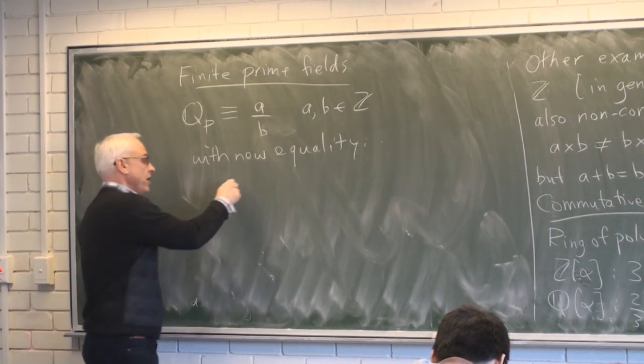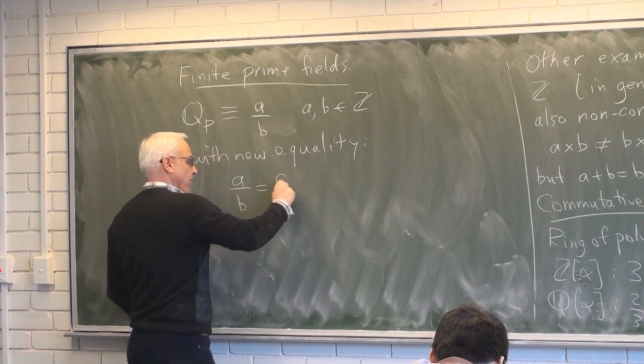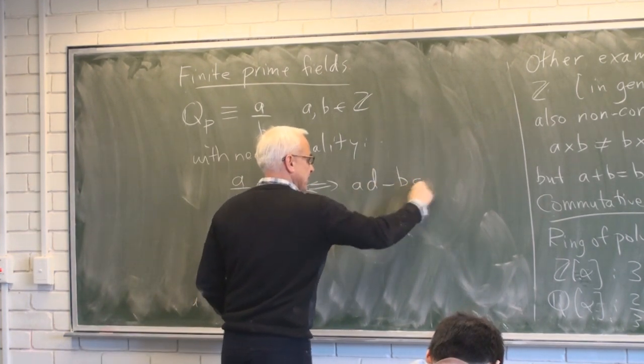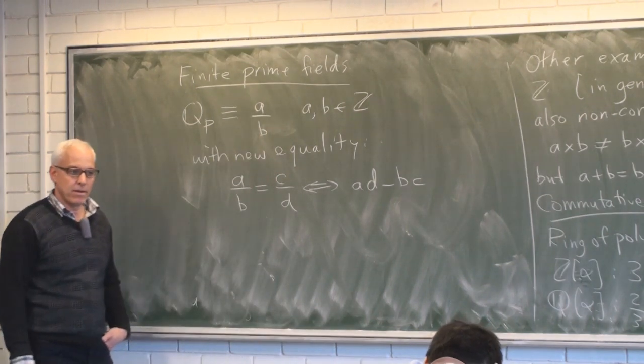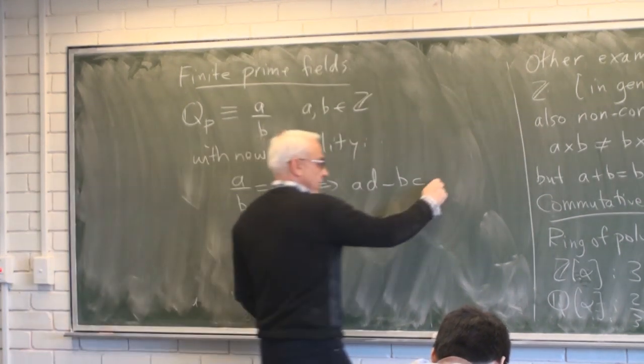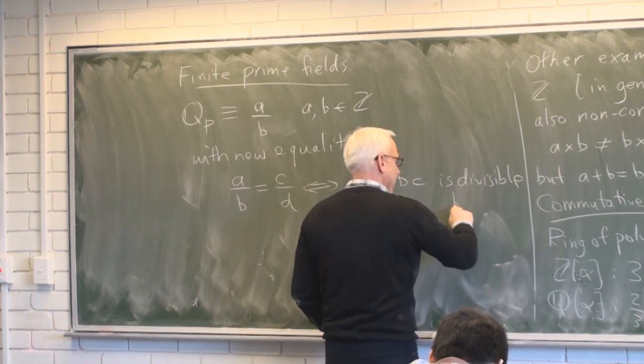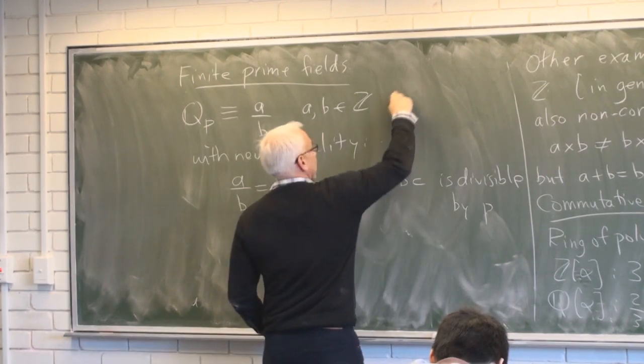The new notion of equality is that a over b equals c over d precisely when ad minus bc is divisible by p, and p is a prime.